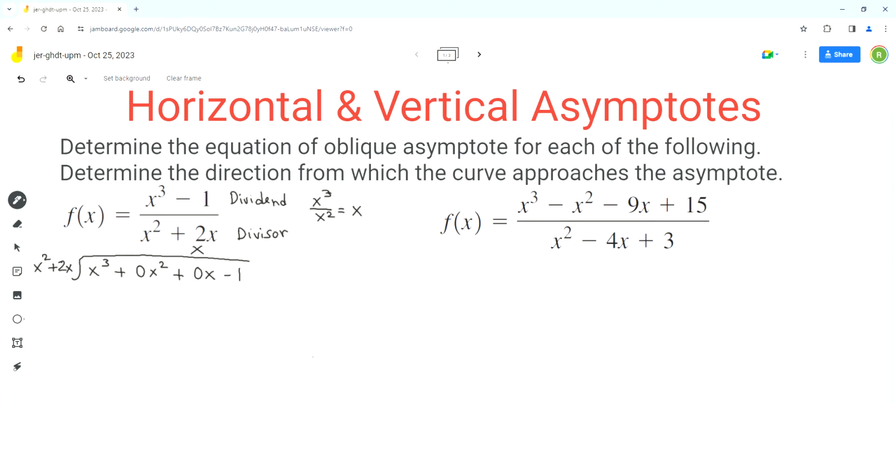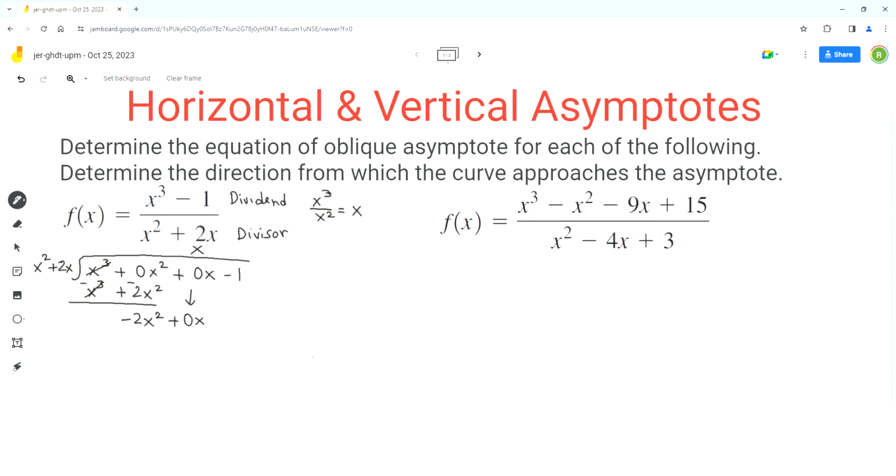Now we'll multiply the divisor by x. x squared times x is x cubed and 2x times x is 2x squared. Now we can subtract the terms. The x cubed terms cancel out and 0 minus 2x squared is negative 2x squared. Now we can bring the 0x down.